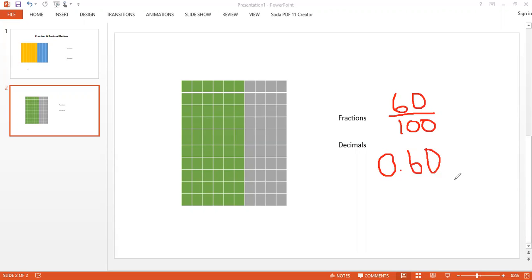That makes 60 in the hundredths place value. So that is how you would write this decimal, and this fraction, which would represent the same thing, and that would be 60 hundredths. Try to say that fast.